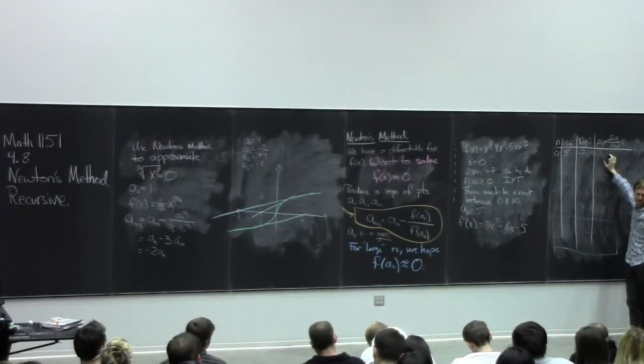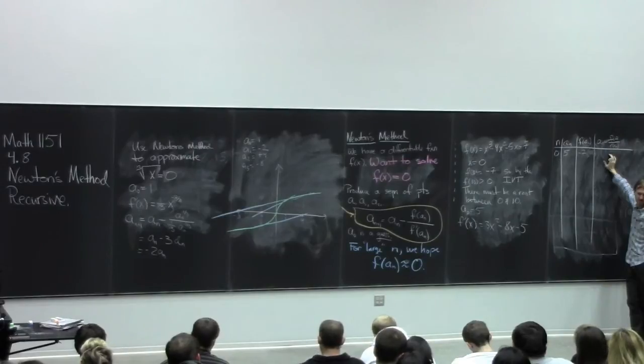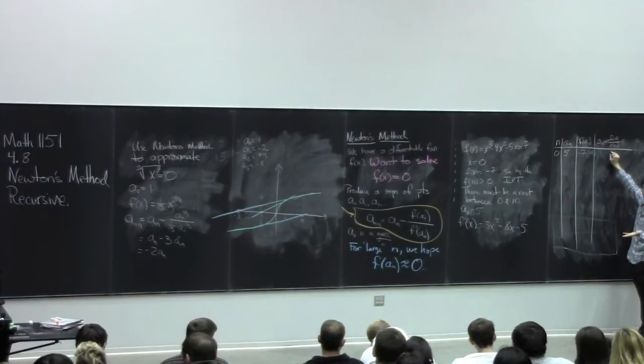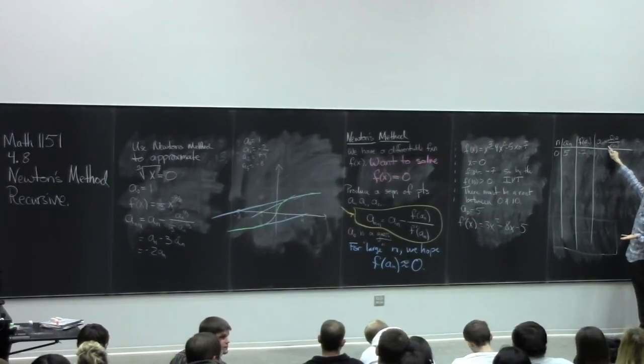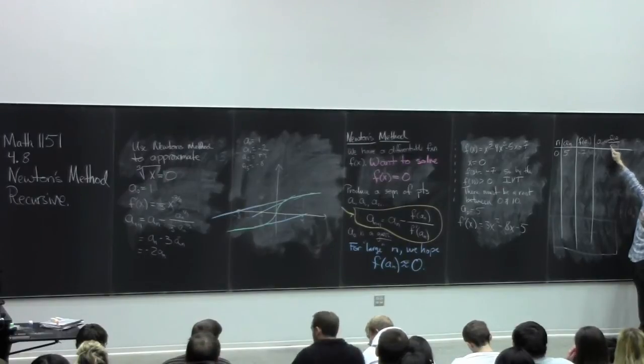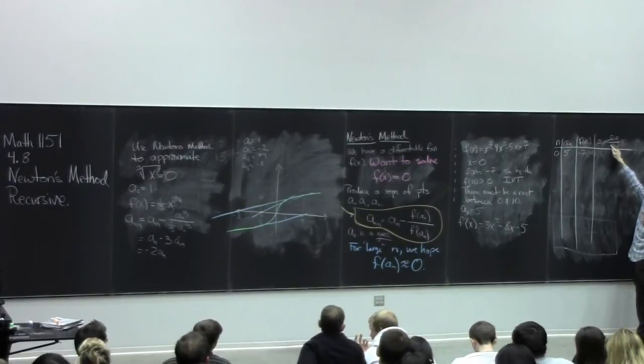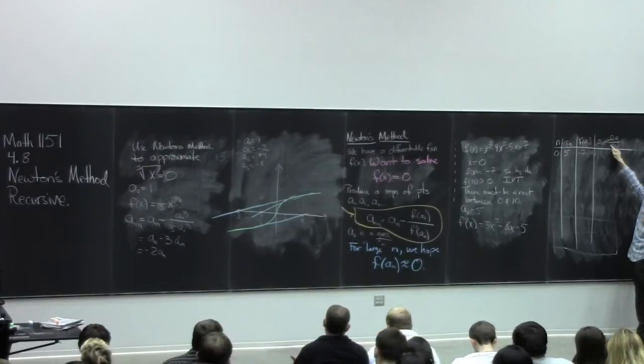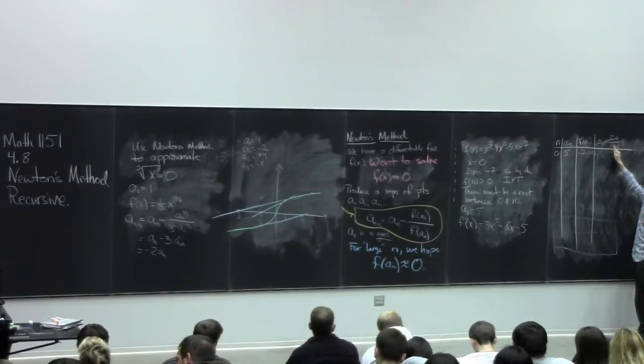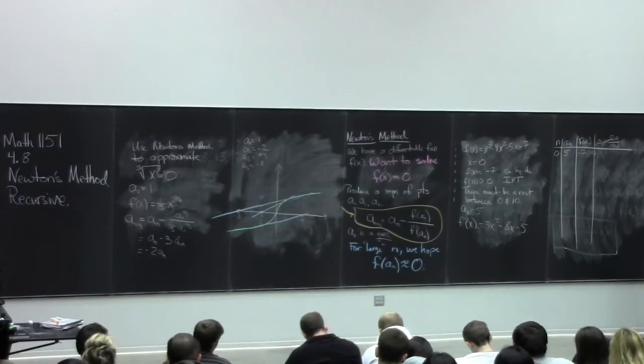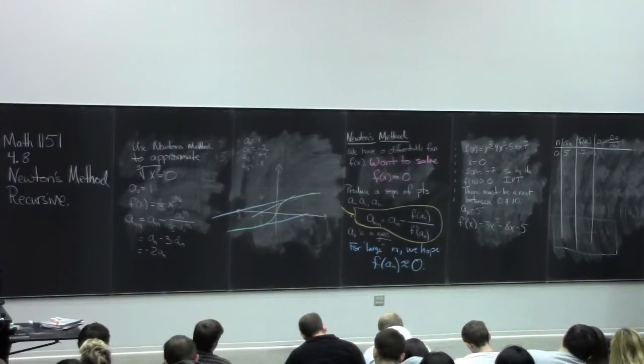It'd be good if more than one person did this, then we can check ourselves. What'd you get for this number too? No. He got negative 7. I believe it. For this number, anybody? 30?